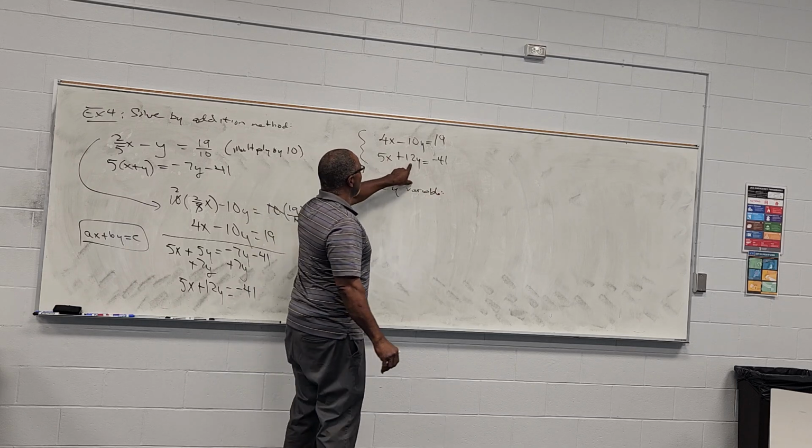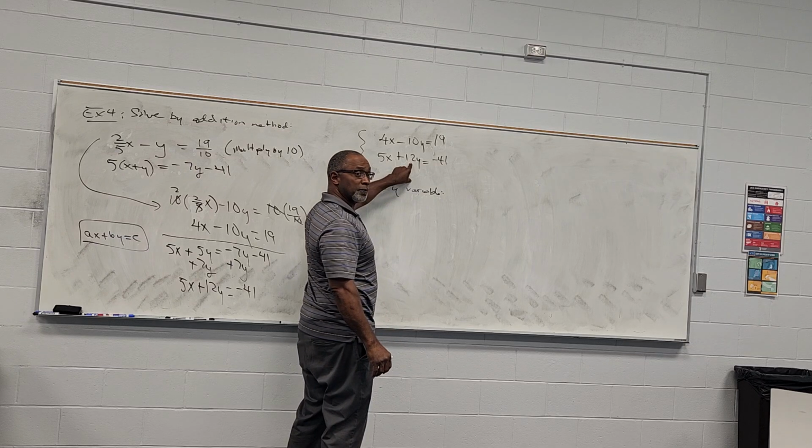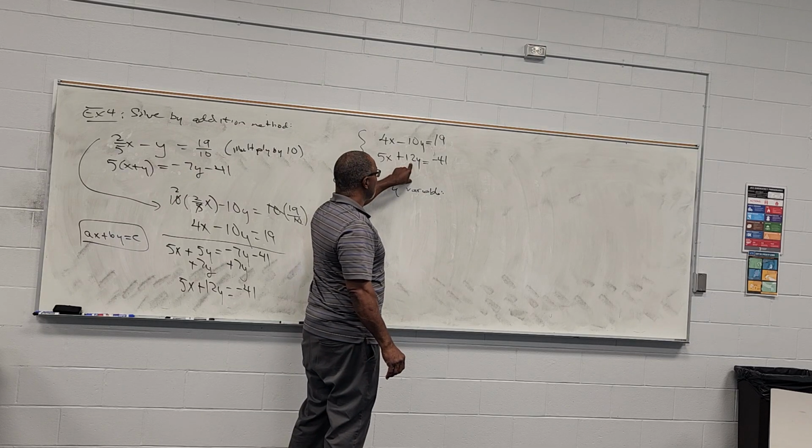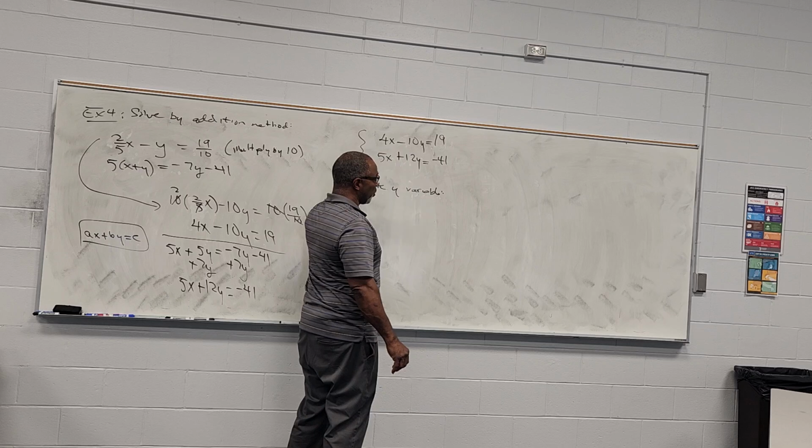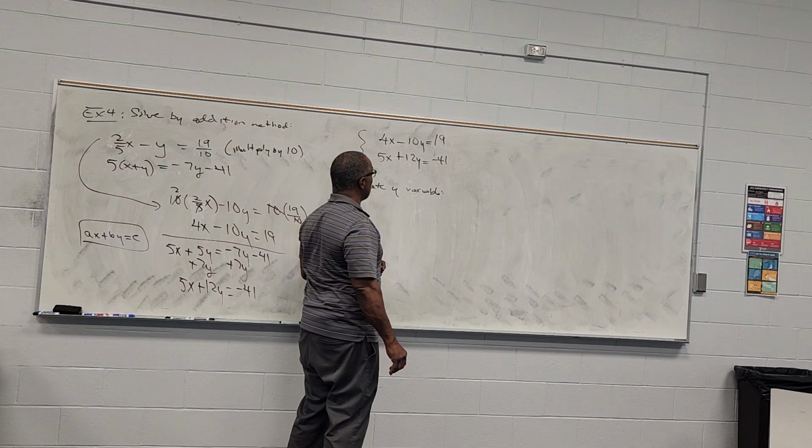So I've got a negative 10 and a 12. The least common multiple of negative 10 and 12 is going to be 120.